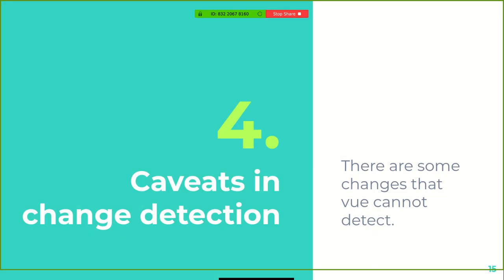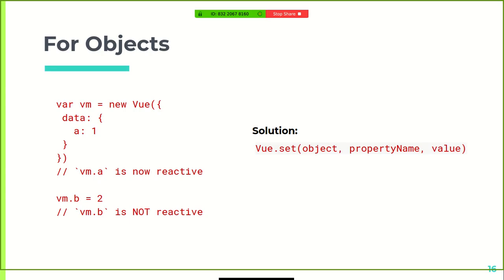Next are the caveats in change detection. When things are changing, there are some cases in which changes are not detected. The first case: if I have data and a VM, and I change the value of a, that will be reactive and shown.